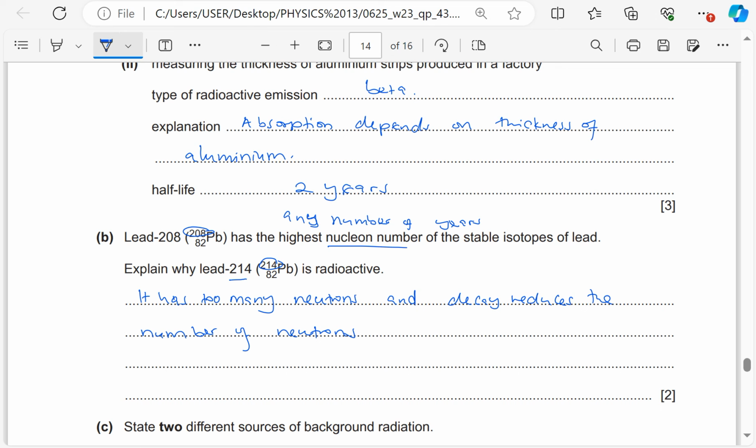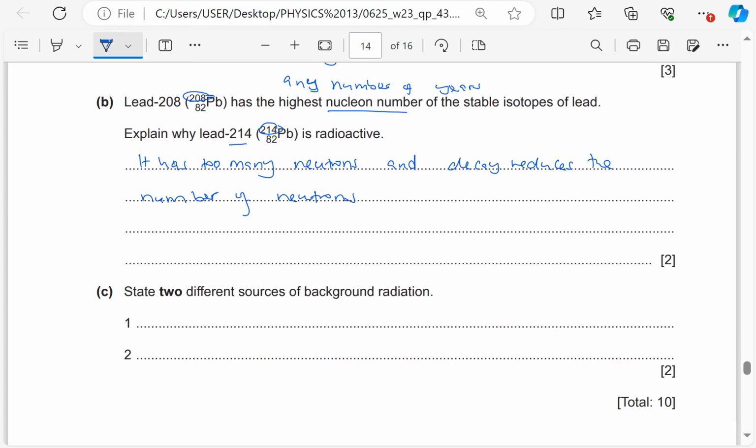That's why it is going to be very radioactive, because decay reduces the number of neutrons. So since lead-214 has many more neutrons, it will decay to reduce the number of neutrons to gain stability.